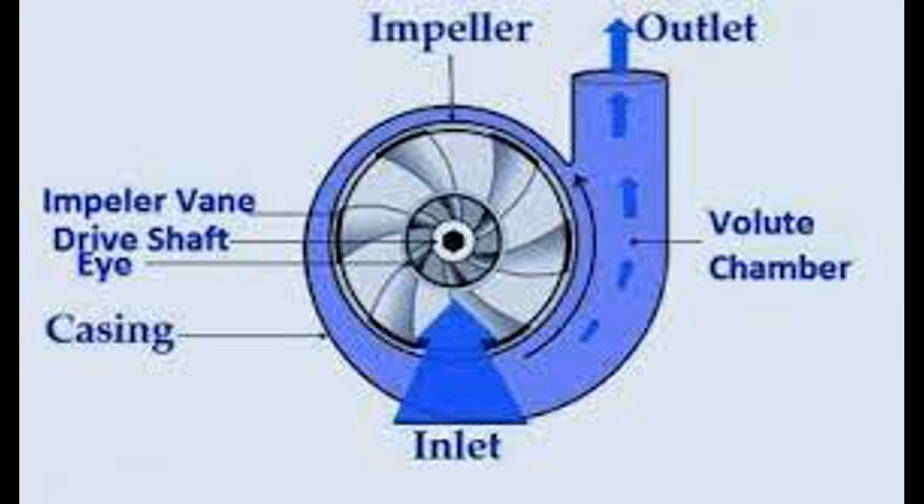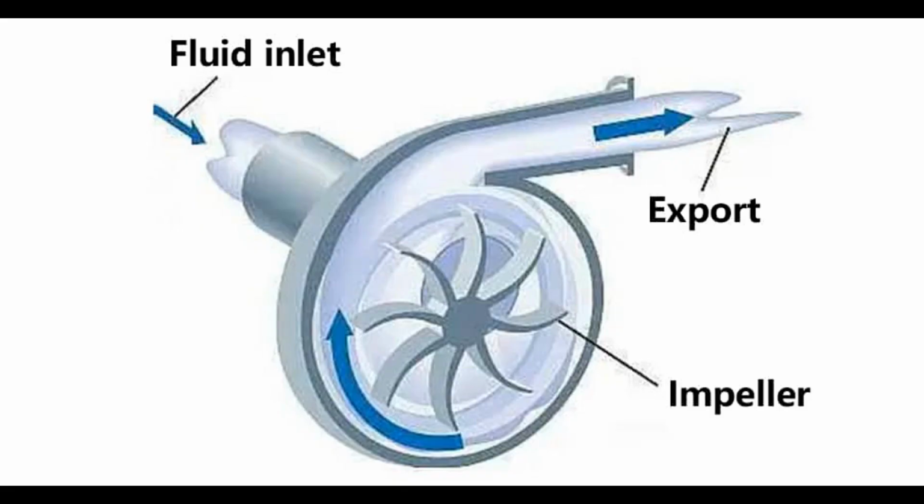Impeller design. Axial flow pumps have a propeller-like impeller with blades that resemble the shape of a ship's propeller. These blades generate thrust in the axial direction. Fluid entry. The fluid enters the impeller axially at the center and flows parallel to the pump shaft. Centrifugal force.